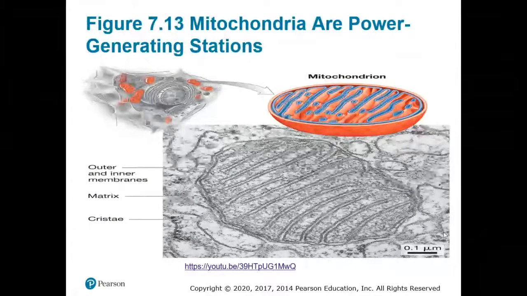I hope that makes sense. Now we'll cover that later on in more detail. But again, endosymbiosis 2 to 3 billion years ago allowed for the modern eukaryotic cell to be generated, essentially. So there it is.